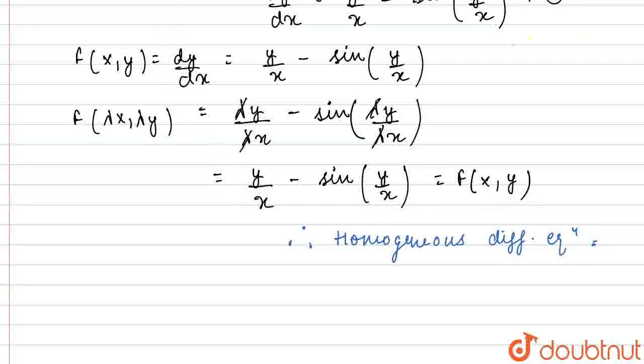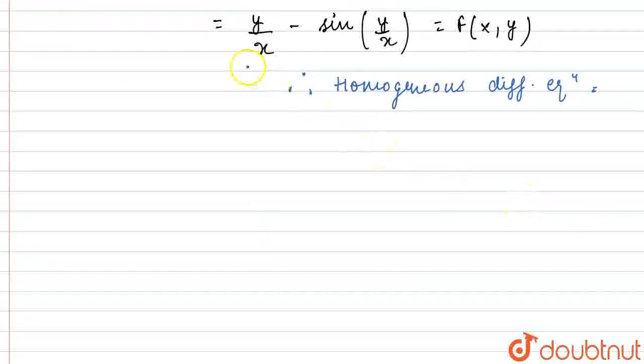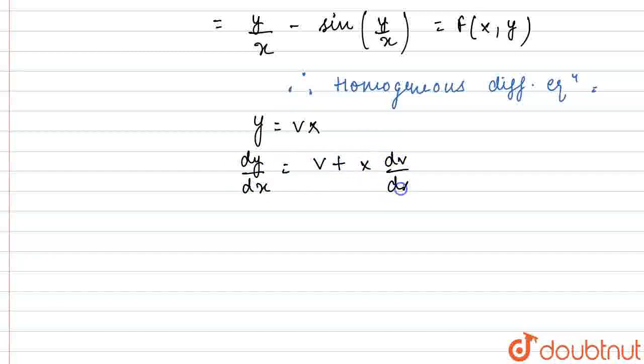Okay, now for solving this homogeneous differential equation, I'll put y is equal to v times x. Now when we differentiate this with respect to x, it will become dy by dx is equal to v plus x times dv by dx.